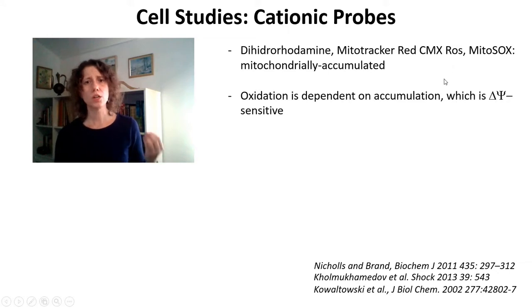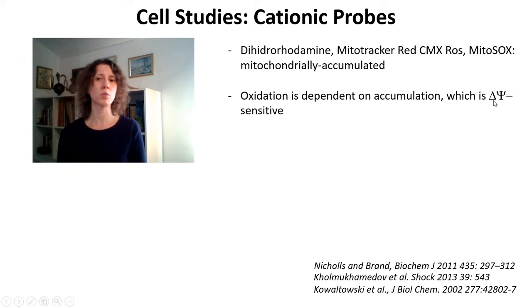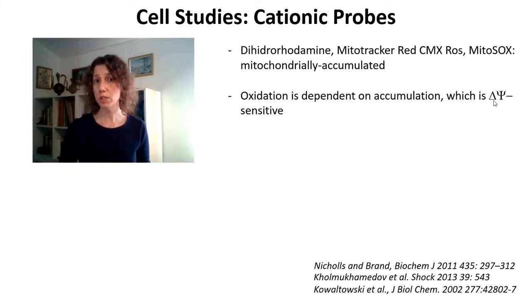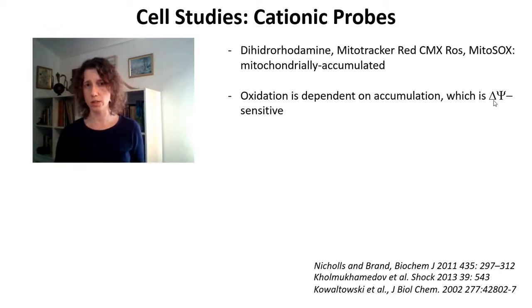These probes, you have to remember, will fluoresce dependent on oxidation, but also on their accumulation in mitochondria. And accumulation in mitochondria is going to depend on the inner mitochondrial membrane potential, because these are cationic probes that are going to be accumulated in a manner dependent on the membrane potential.